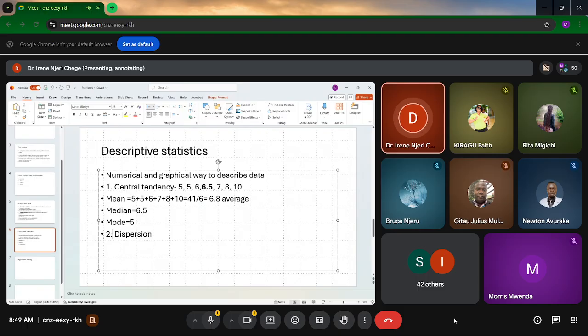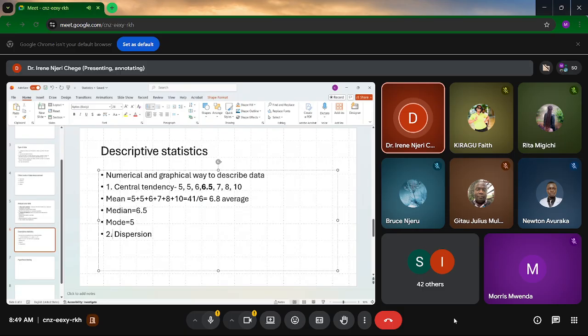And that's how I get my interquartile range. It is the spread of the middle half of the data. That is my interquartile range.